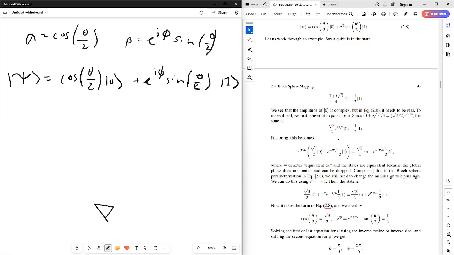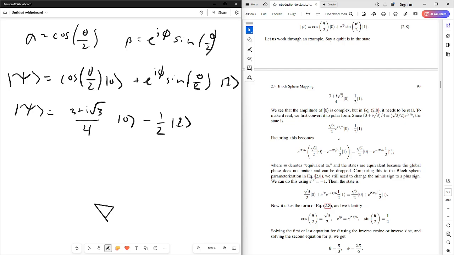So we've got psi equals (3 plus I square root of 3) over 4 state 0 minus 1/2 state 1. So the amplitude of state 0 is complex, but it needs to be real.